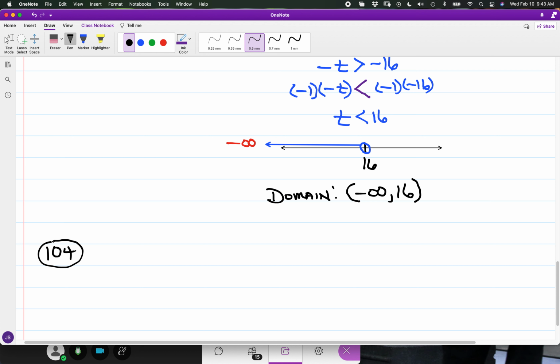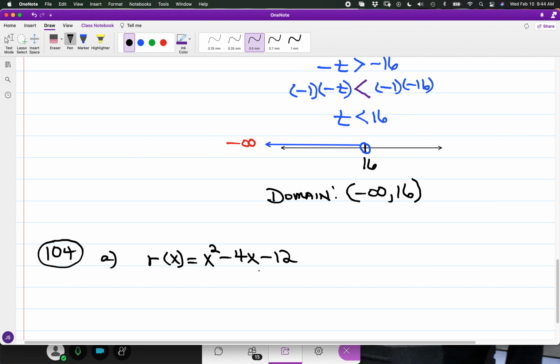Now we have the first function, r of x is equal to x squared minus 4x minus 12. And if you notice, we do not have a fraction, we do not have an even root radical, and there's nothing to indicate that x cannot be 0 or positive or negative.